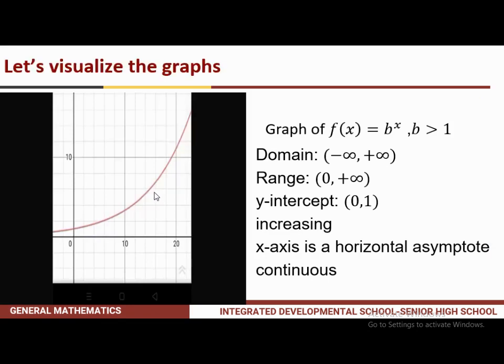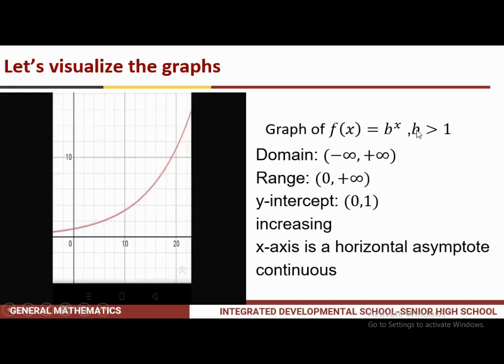So now we already know the procedures on graphing. We will now proceed to visualizing what graph we expect for an exponential function. When we have a function in this form, which is the general form, we can immediately visualize the expected graph. For example, we have the function f of x equal to b to the power of x.